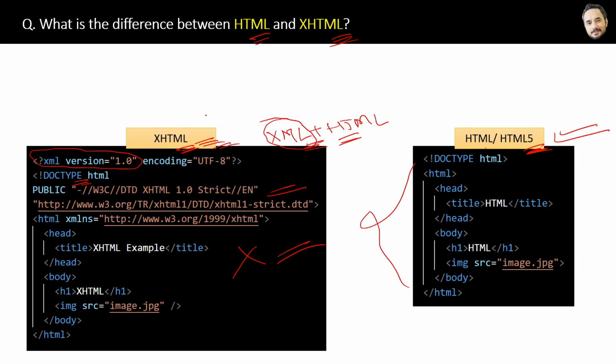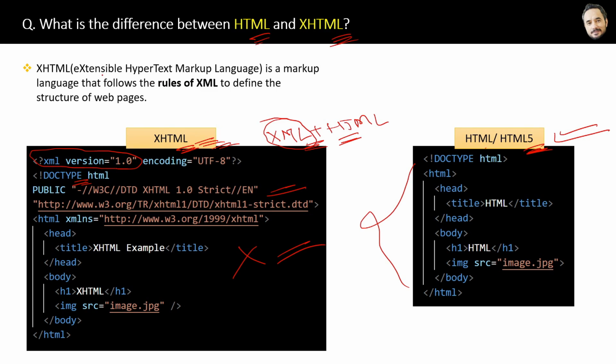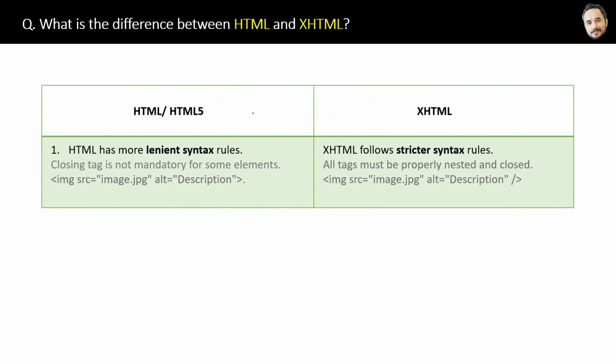The definition: XHTML, which stands for Extensible Hypertext Markup Language, is a markup language that follows the rules of XML to define the structure of web pages. That is the idea. Now, let's see the three main differences between HTML and XHTML.